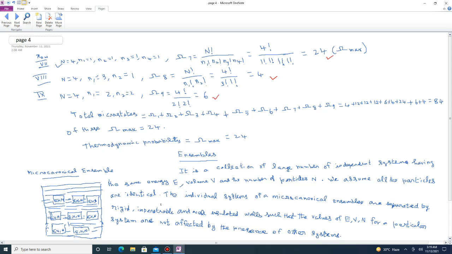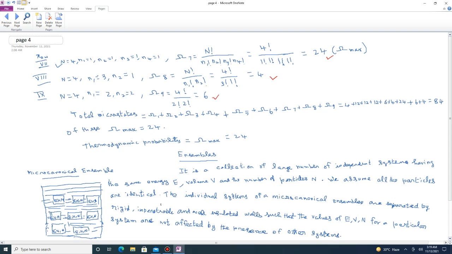So for the total number of microstates, we add all the values, omega 1 plus omega 2 plus omega 3 plus omega 4 plus omega 5 plus omega 6 plus omega 7 plus omega 8 plus omega 9. Once we add, the total number we have found is 84.